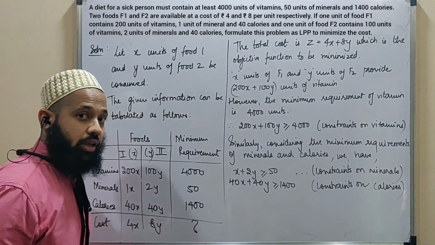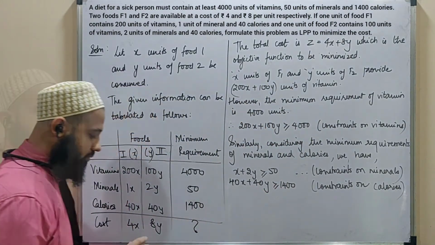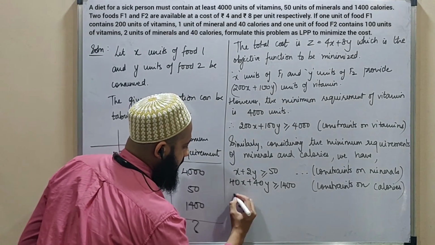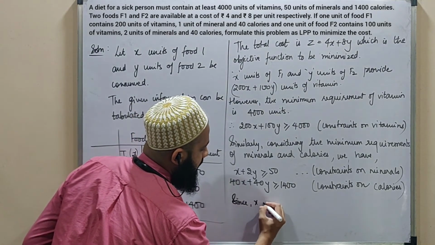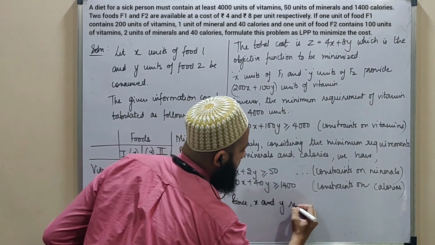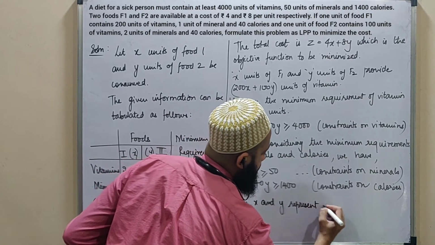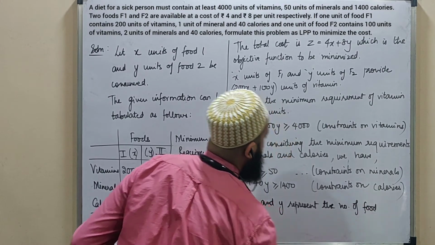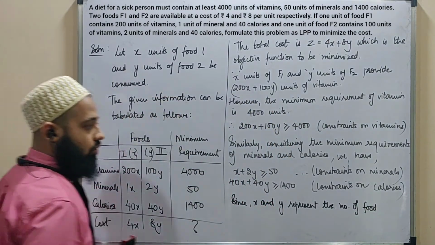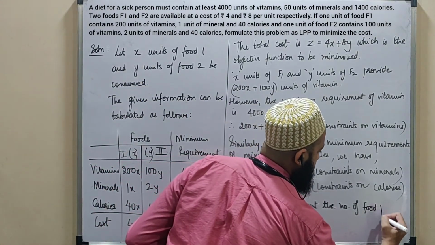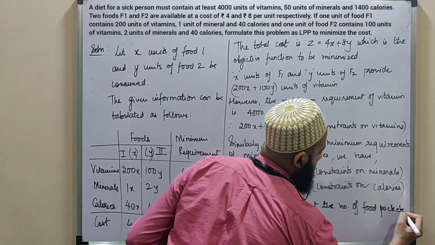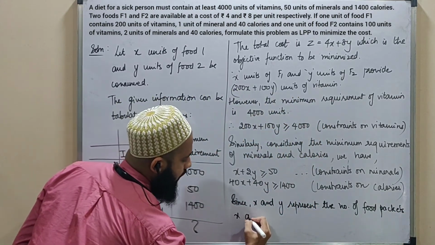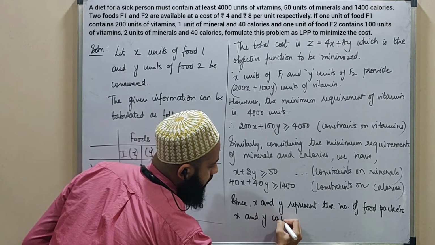Let's explain the non-negativity constraint. So one liner for that. So we'll write, since x and y represent the number of units of food packets, x and y cannot be negative.